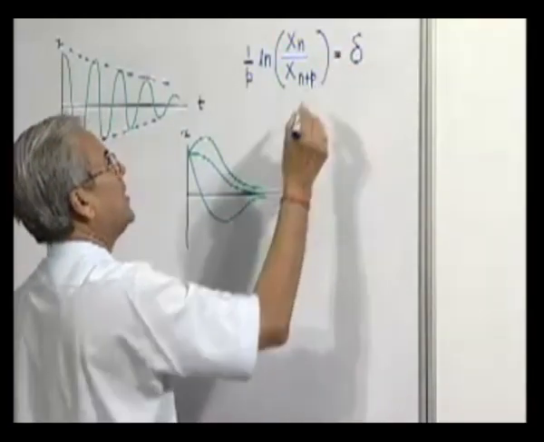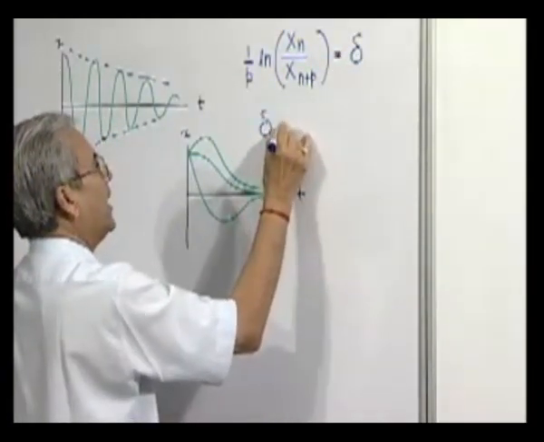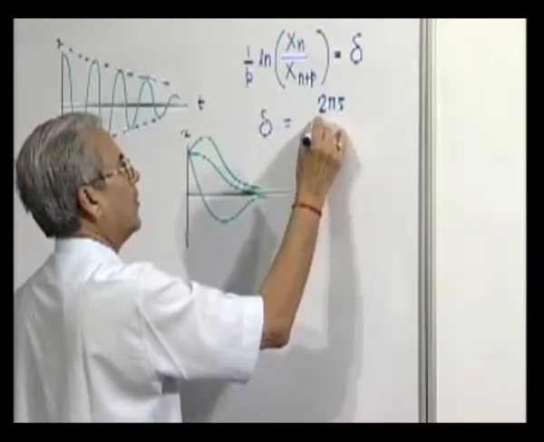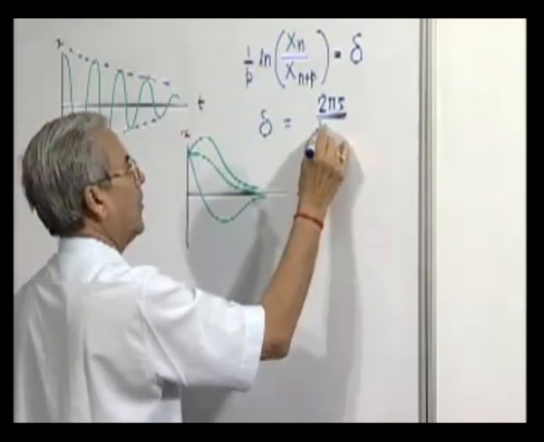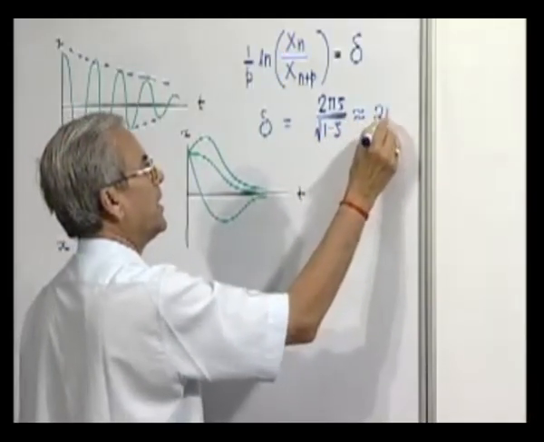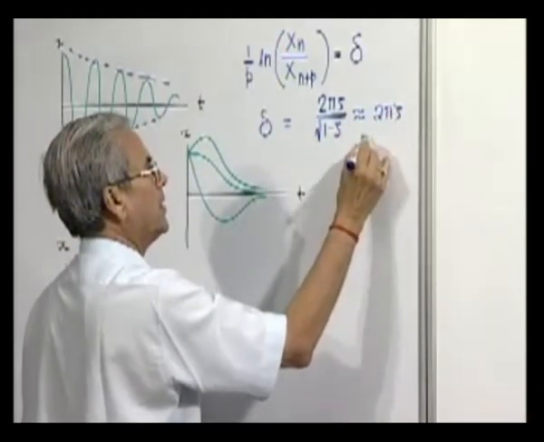That is the definition, and the value of delta is approximately equal to 2 pi zeta when zeta is very small.